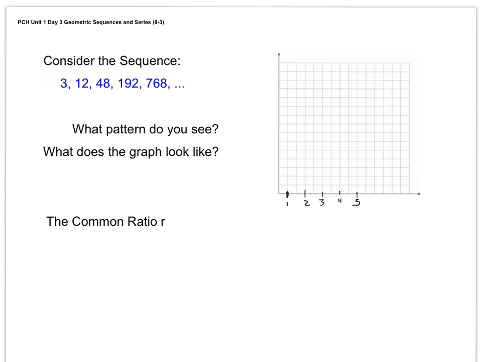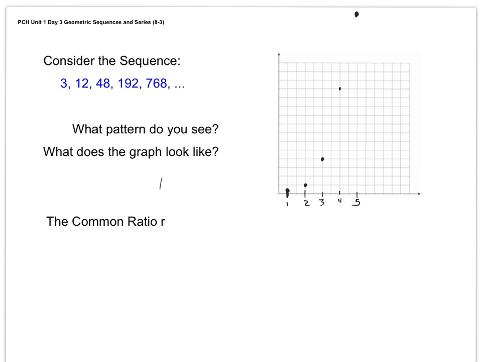Now we have to go really, really high, so the 1, 3 we'll put really low, and then 2, 12 is a little bit higher. Then 3, 48 is quite a bit higher, and then 4, 192 is here. And then 768 is way, way up here.